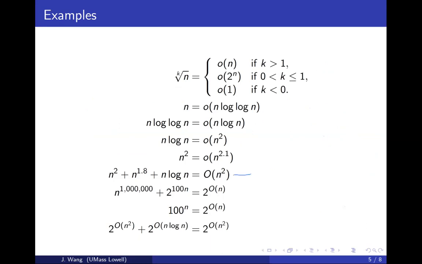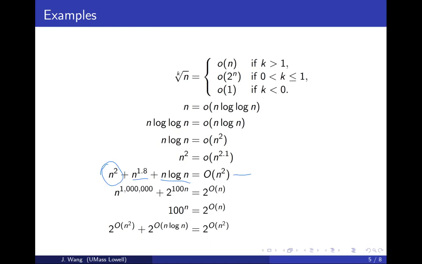So now let's look at n squared plus n to the 1.8 plus n log n. Here's the beauty of using big O or small o notation, because we just need to look at the dominant factor. In this case, n squared is greater than n to the 1.8, which is greater than n log n.